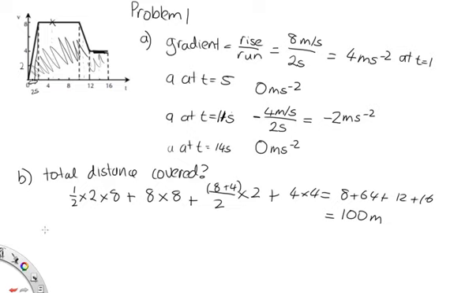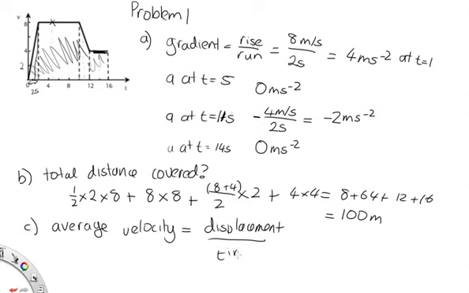Okay, and finally it asks us what's the average velocity during the first 10 seconds. Average velocity. Now the average velocity is just equal to the displacement over the time.